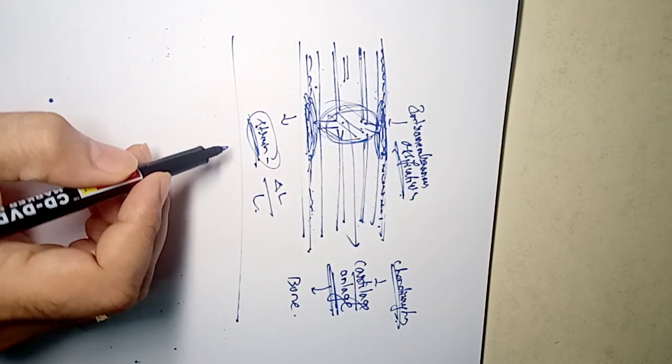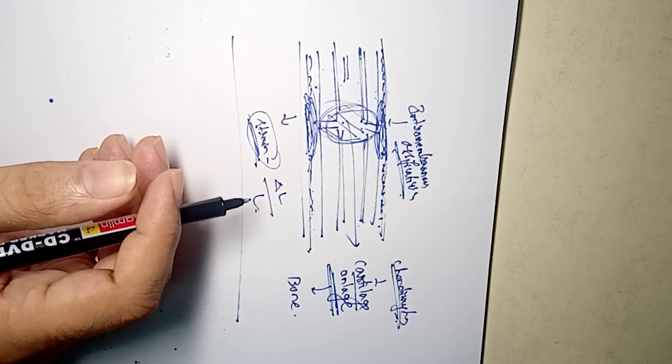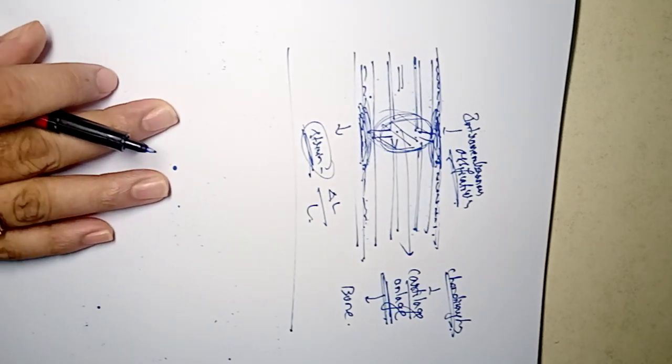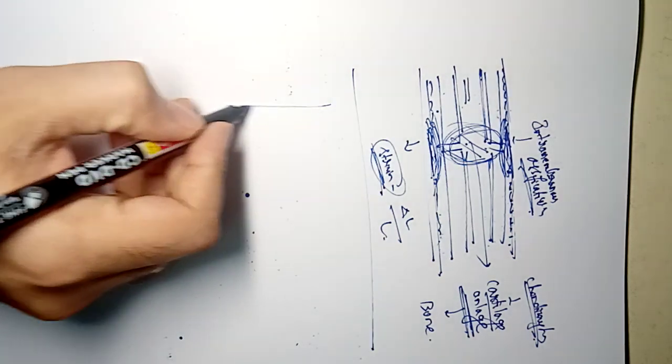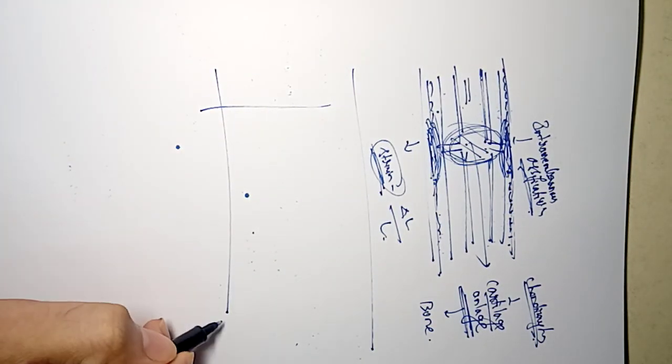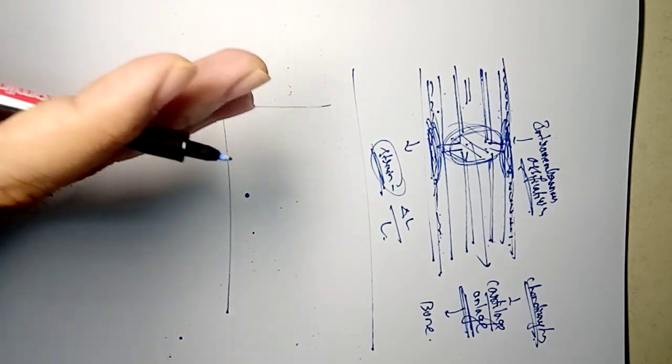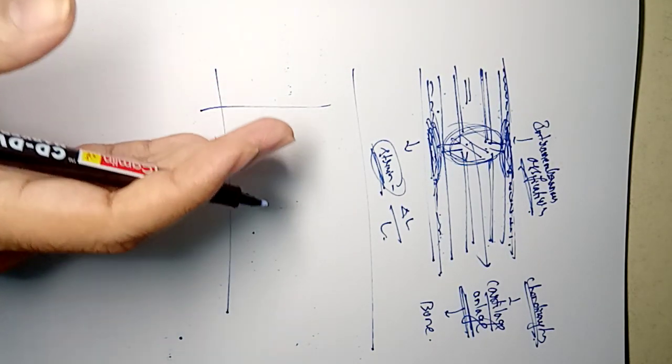The rest of the things are soft callus formation, hard callus formation, and remodeling. You should remember it is a continuum. It is not distinctly stage 1 followed by stage 2 followed by stage 3.